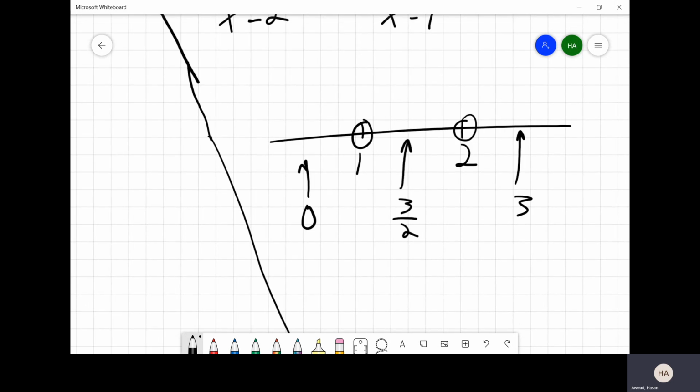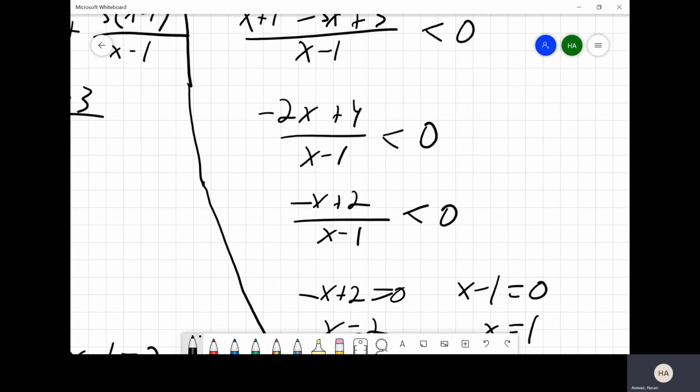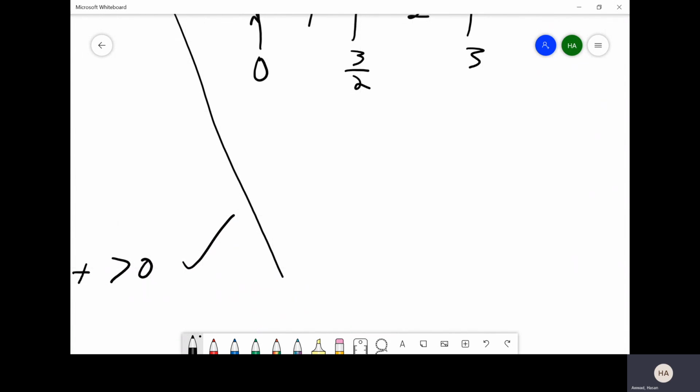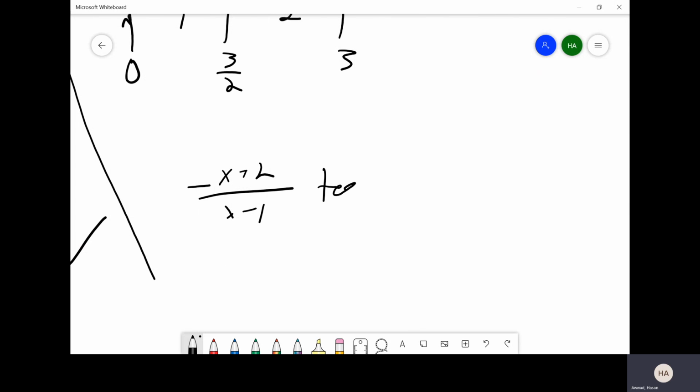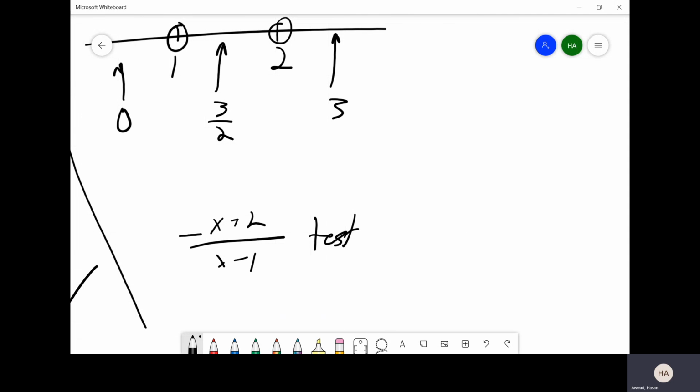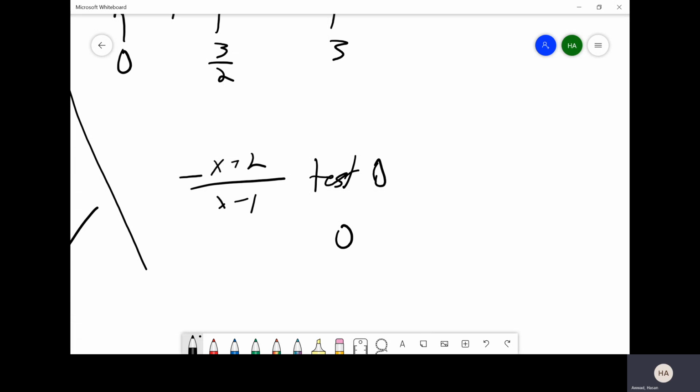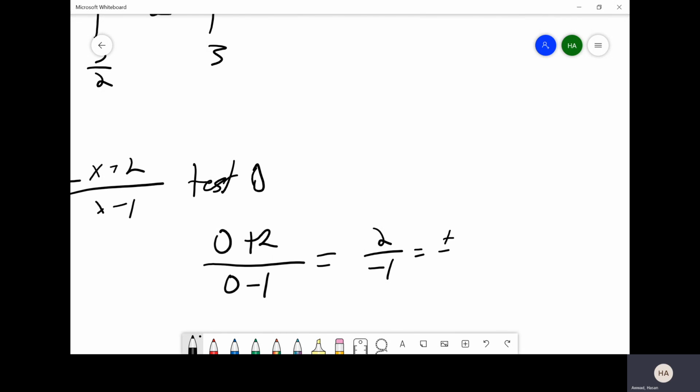So we have to test the negative x plus 2 over x minus 1. We're going to do 0 first. So testing 0, we're going to get 0 plus 2 over 0 minus 1, and this is going to be 2 over negative 1, and so that is a positive over a negative, and that gives us a negative.